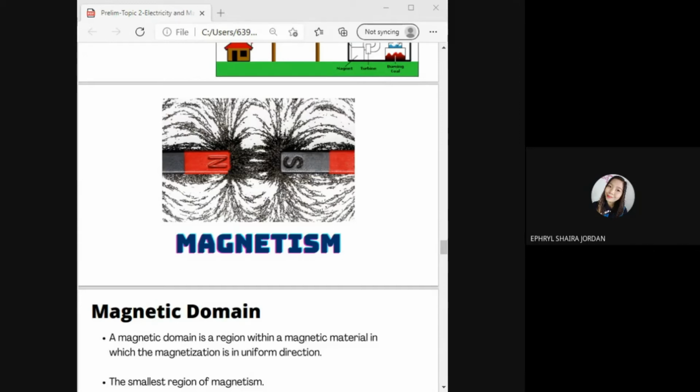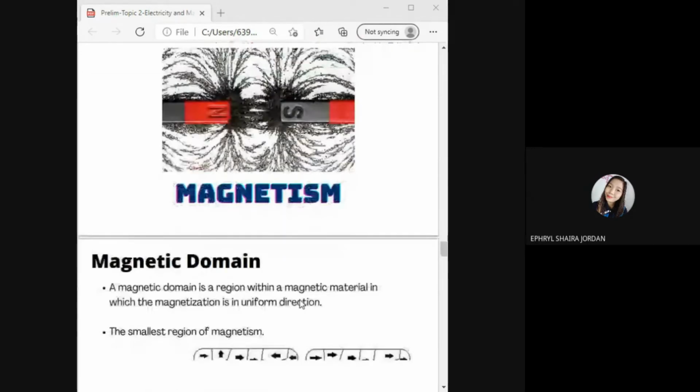The term magnetism was adopted from the city of Magnesia, and until now it still persists. We're still using the word magnetism.